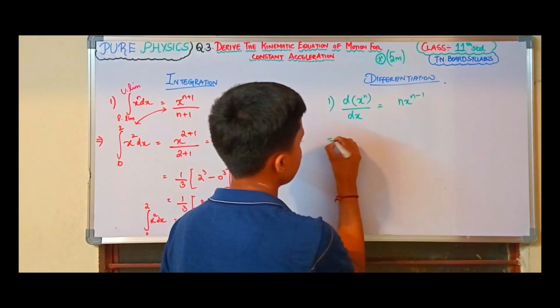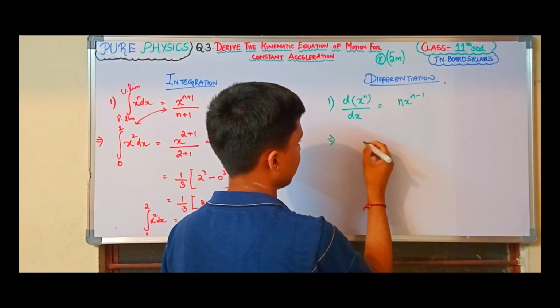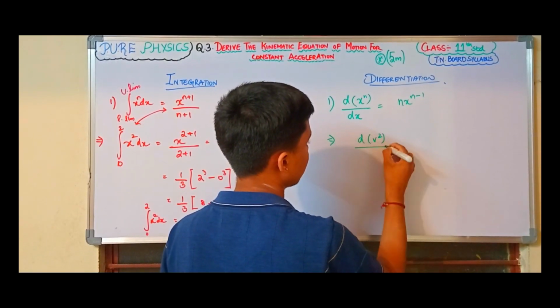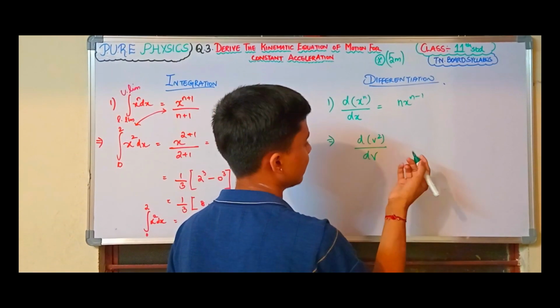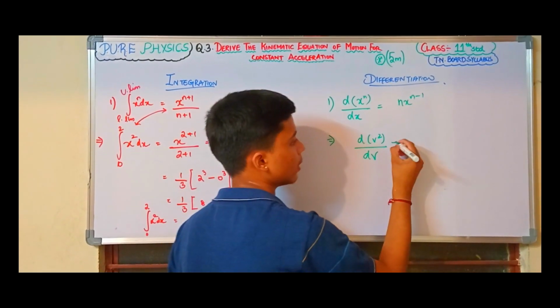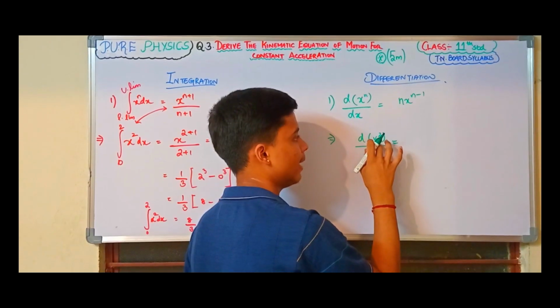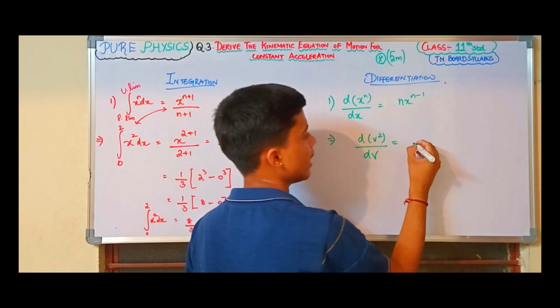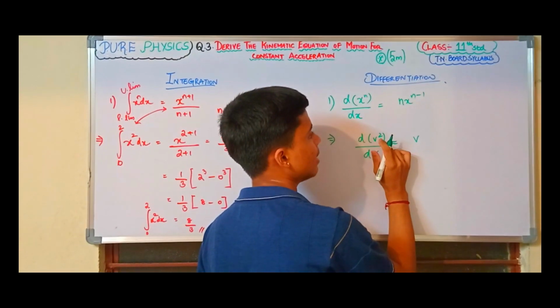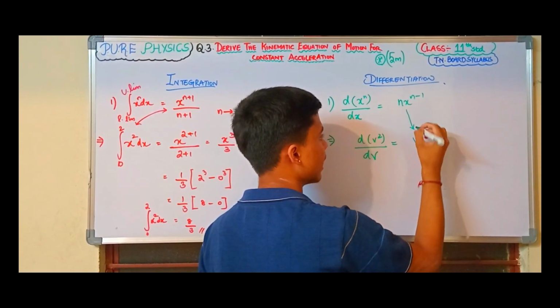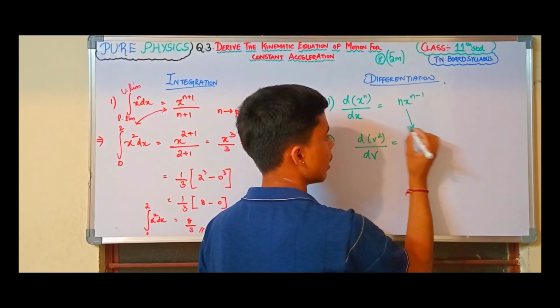The power will come in as the coefficient and the power will get reduced by 1. Now I'll give you an example. Differentiate v square with respect to v. What you will do is apply the formula. Here in the place of x, my example is v, so I'm going to write v. My n value here is 2. So by applying the formula, I get 2v.